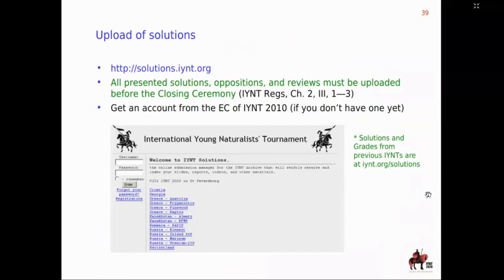If you don't have your account, please announce it, and you'll receive your account once again. And also, your solutions are archived, and you can check the solutions and reviews from all previous IYNTs at the webpage if you want to look at the solutions presented by other teams in the past.